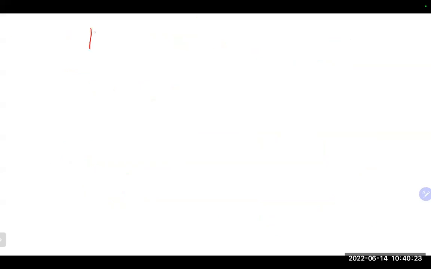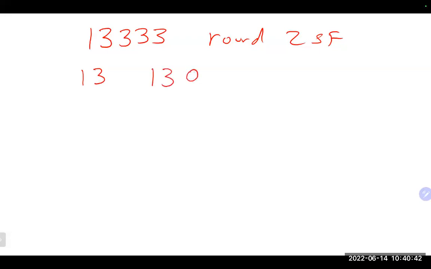So for example, if I had 13,333 and I wanted to round to 2 significant figures, what should the answer be here? Is it 13? Is it 13,000? Is it 13,000 dot? What do we think?